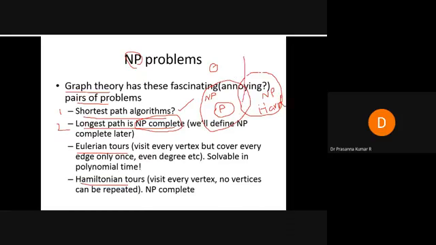NP complete is something like an intersection of NP and the NP hard problems. So this particular part, this green shaded part, I can call NP complete. It is an intersection between NP and NP hard type of problems.